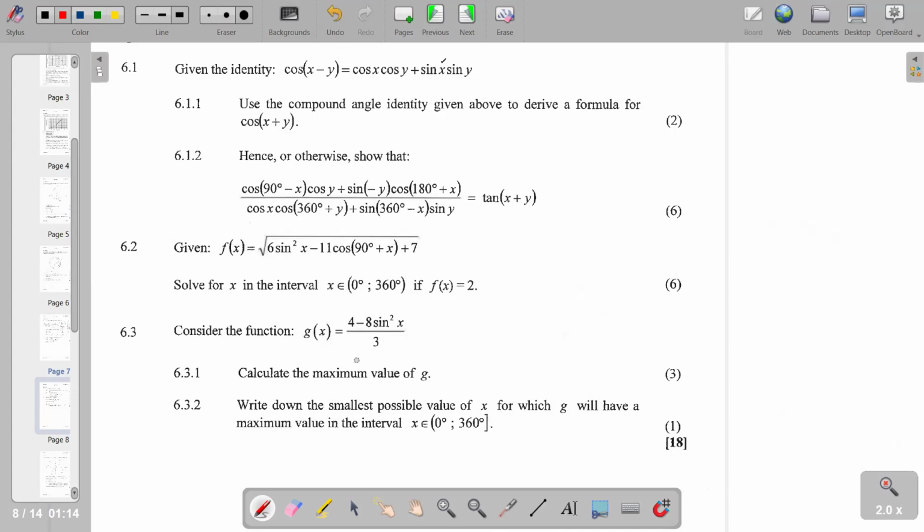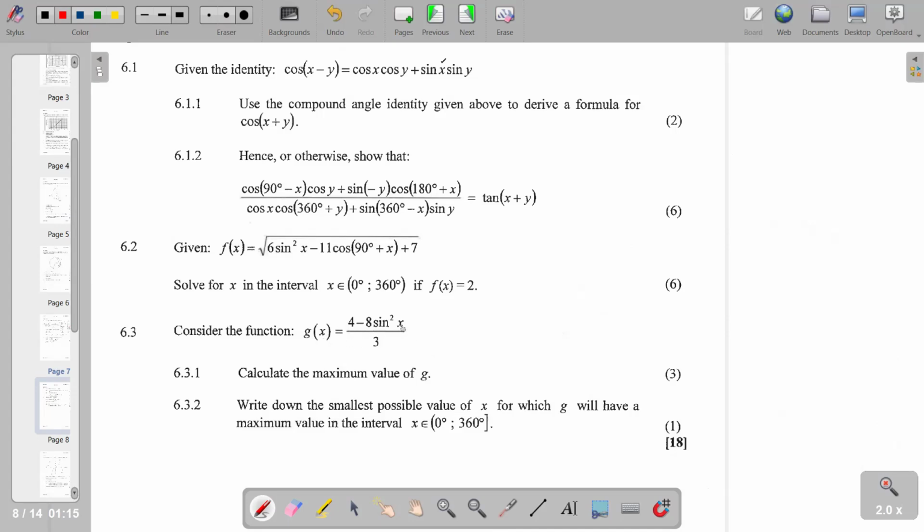Then the question is saying calculate the maximum value. You are required to calculate the maximum value of that expression. So to calculate the maximum value, it means we are going to convert.